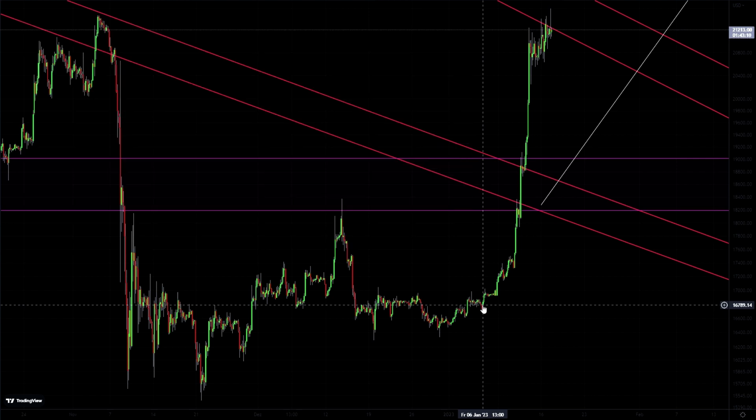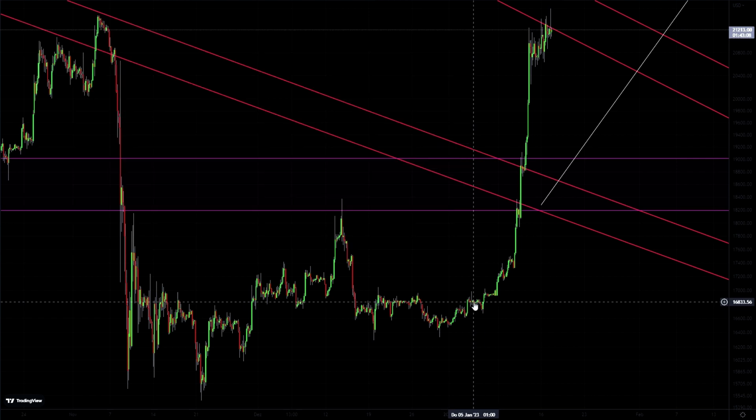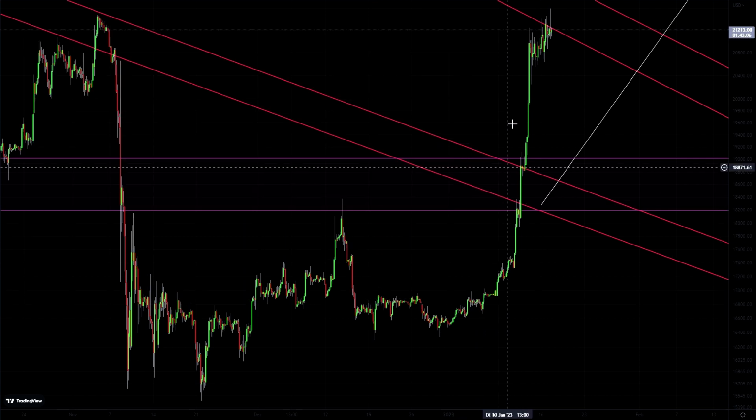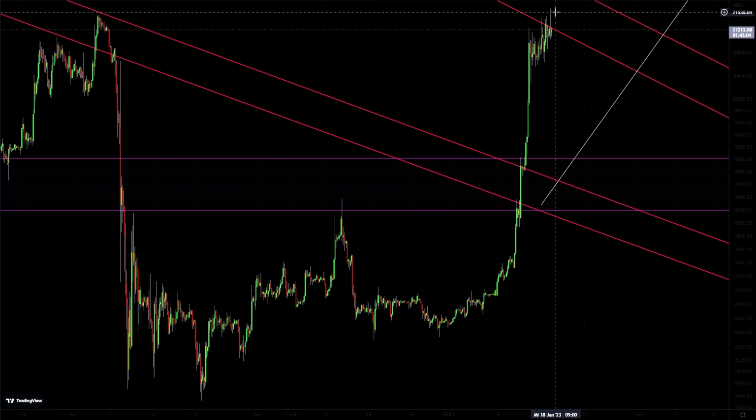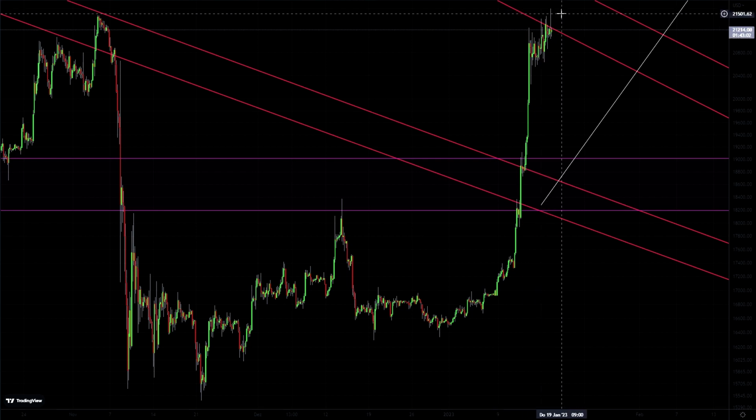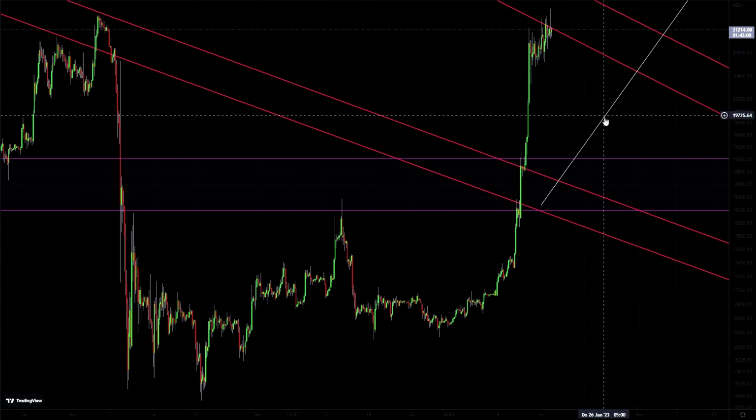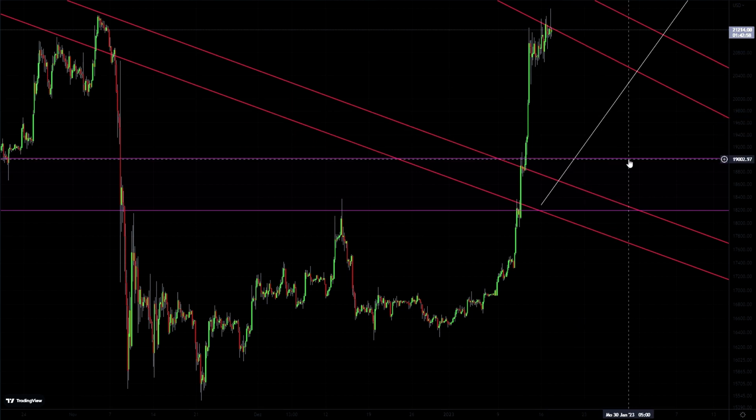But now things are starting to get choppy in the $20,400 to $21,400 range. A short-term pullback might be healthy and provide a good buying opportunity if it presents itself.